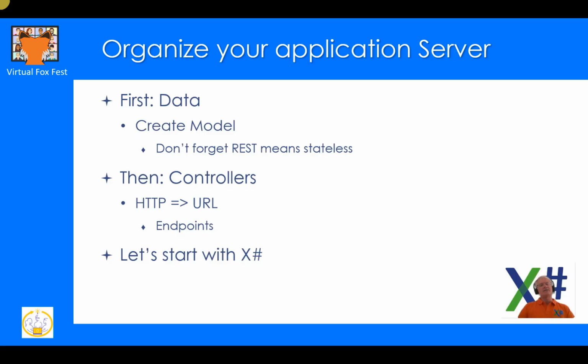So first, organize your data, create some model to access your data, but also to return the data. The model is the way you will have some information inside the request, and it is also the way you will return data. Don't forget that REST is stateless, so you have to keep that in mind. When you are returning information, you may have to return some extra information if the information you are giving back will be used for another request, for example.